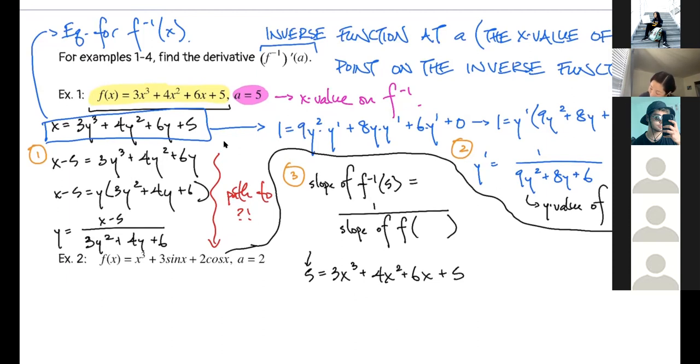This 5 though now is the y value of f. So it's not quite the y value that we need. I know, this is a lot. Let's see if we can figure out a value that works for x. I know this looks really complicated, but I want you to guess and check for a moment.